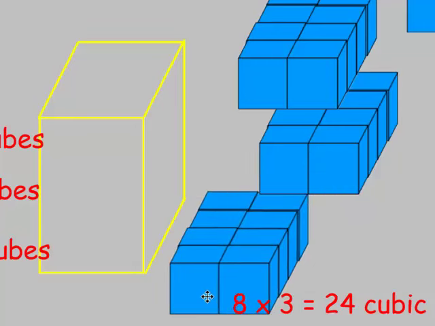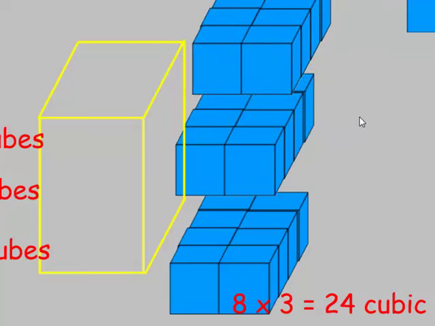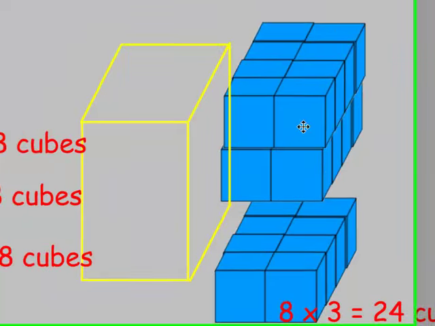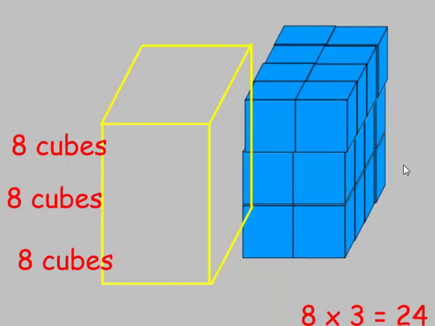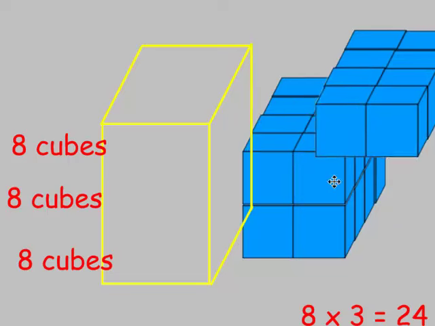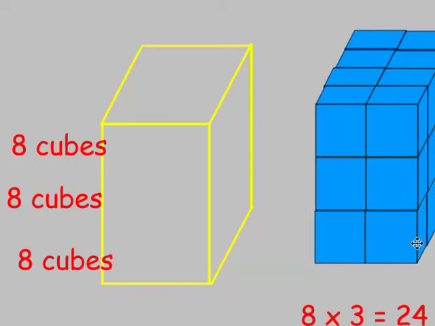Layer 1 has 8 cubes, layer 2 has 8 cubes, and layer 3 has 8 more cubes. And combined, when I bring them all together, that creates my 24 cubic units. And that's why volume is measured in cubic units, because I'm filling my box with unit cubes, and area is going to have to be measured in square units like I showed in the first part of the video.